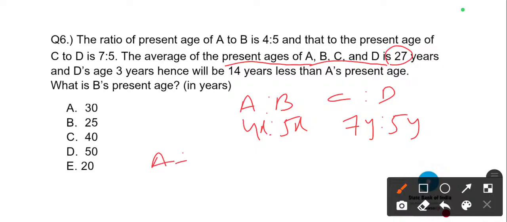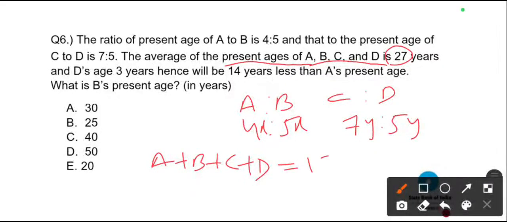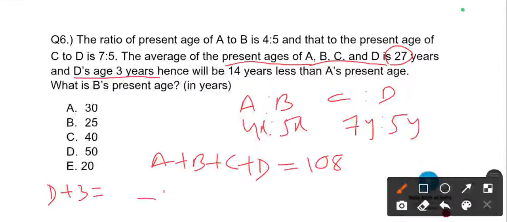So A plus B plus C plus D total value will be 27 times 4, which is 108. And D's age 3 years hence will be 14 years less than A's present age. So A's present age will be 4x.